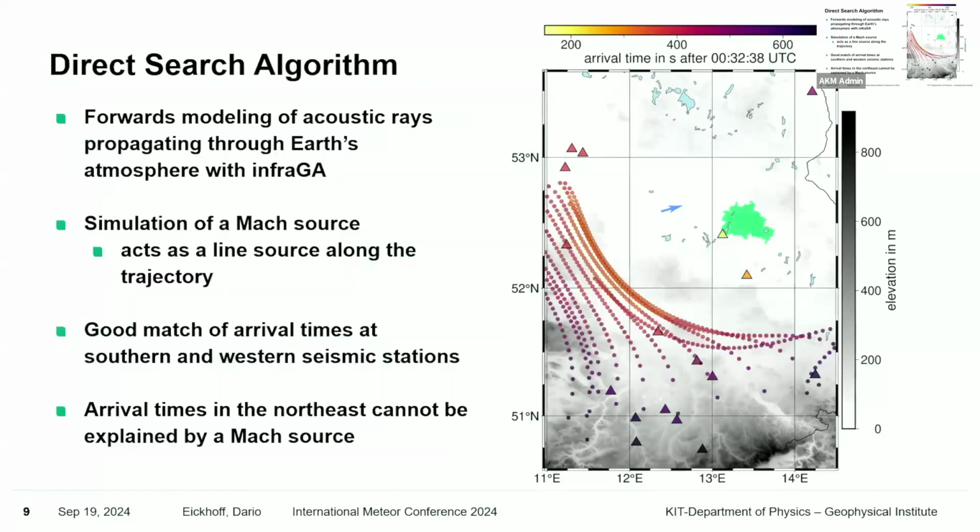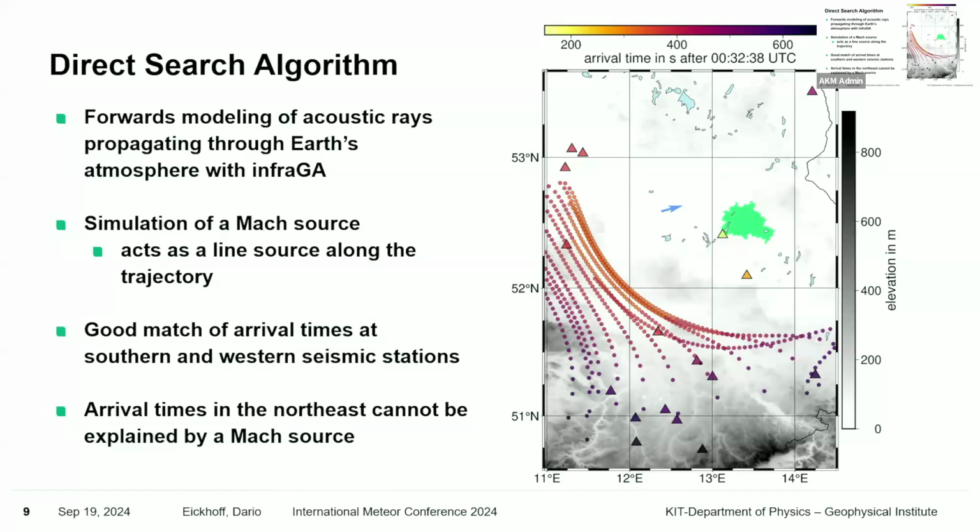I did this with forward modeling of acoustic waves that propagate through a realistic 3D Earth atmosphere with the software InfraGA. First I started with a simulation of a Mach source, which, like I said, is a line source along the trajectory. Along this trajectory, I simulated a lot of sources, with rays propagating down to Earth.